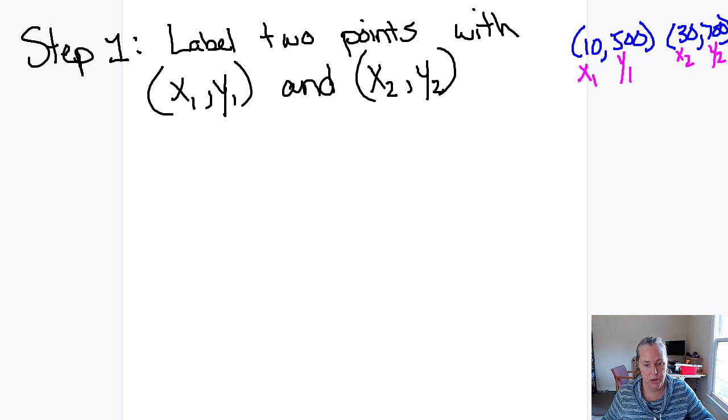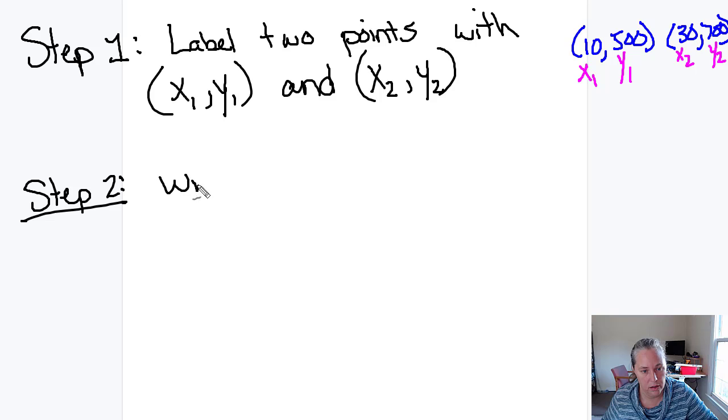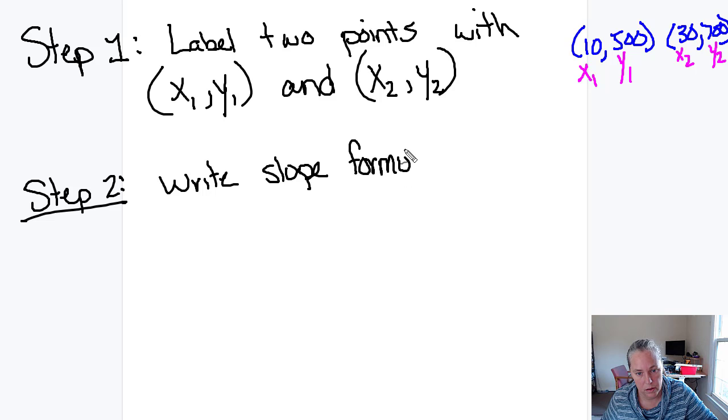Okay, step 2. Write the slope formula. Okay, so just to remind you, it's going to be change in y. So I'm going to show you the whole chain, and then I'll show you what to write.